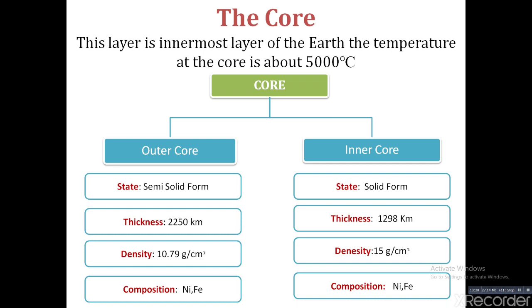While in the inner core, the rocks are in solid form due to the high temperature and pressure. The thickness of this layer is 1298 kilometers, and the density of the rocks in this layer is 15 grams per cubic centimeter, and the rocks contain the minerals nickel and iron.